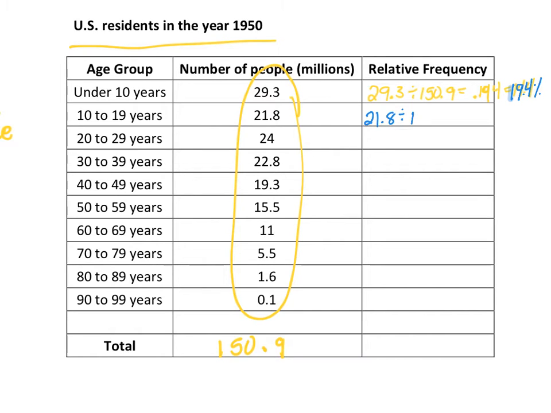Okay, in the age group of 10 to 19, it would be 21.8 divided by 150.9, which would be about 0.144. This is where I was reading. This one is about 14.4%.